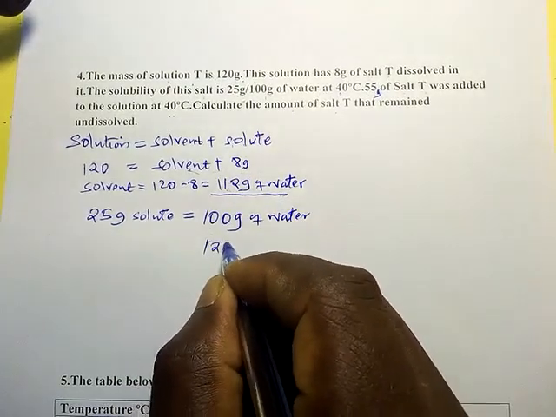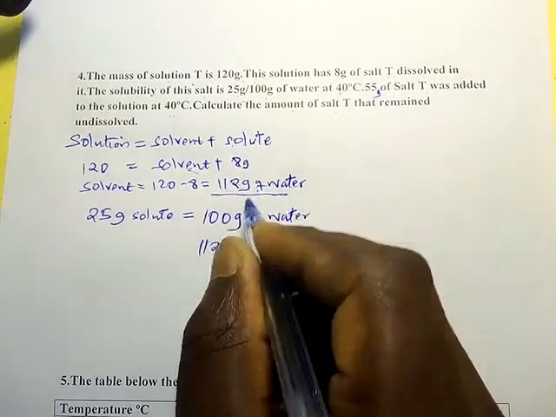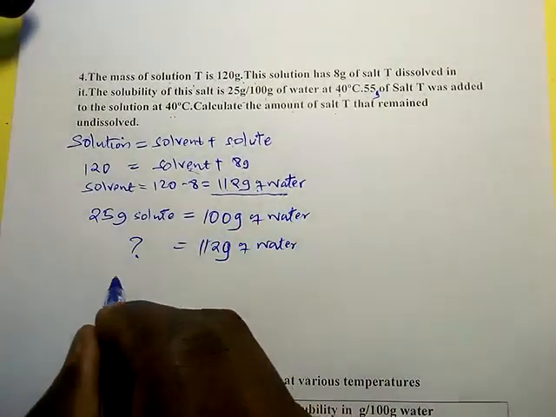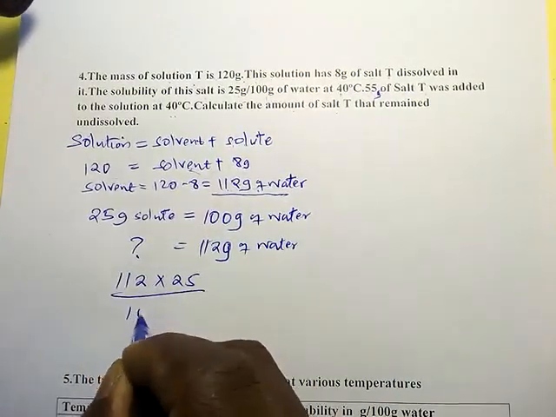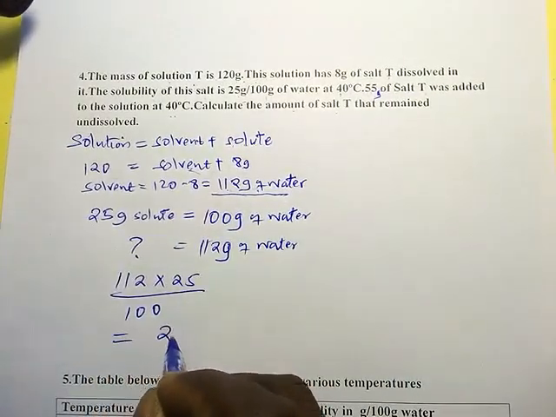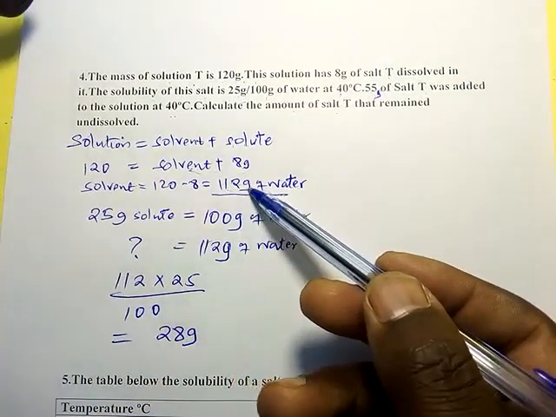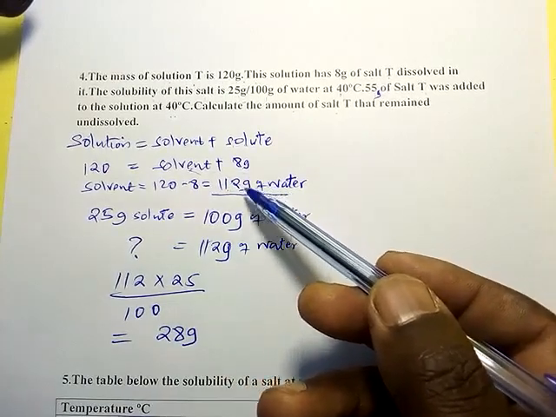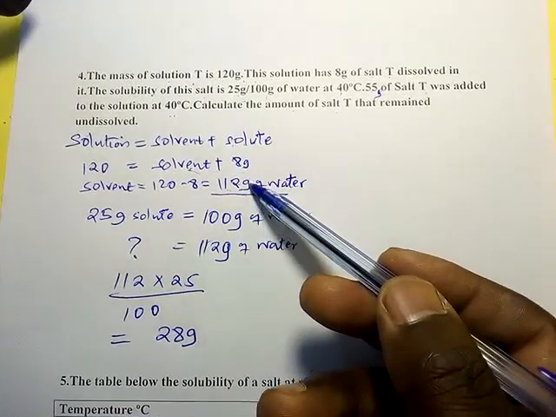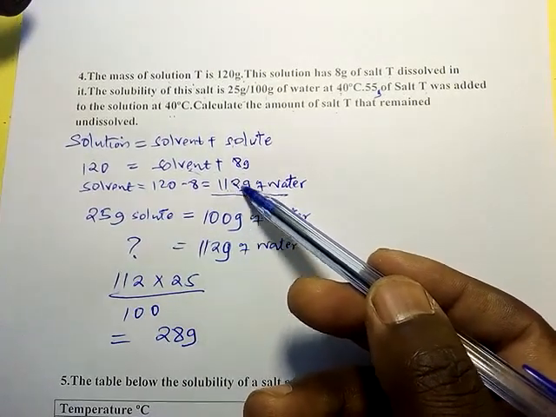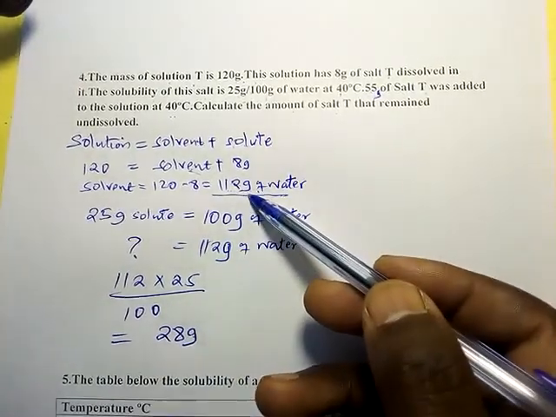So 112 grams of water will contain what mass? So we have 112 times 25 divided by 100, and this is going to give us 28 grams. So this water here requires 28 grams to be saturated.